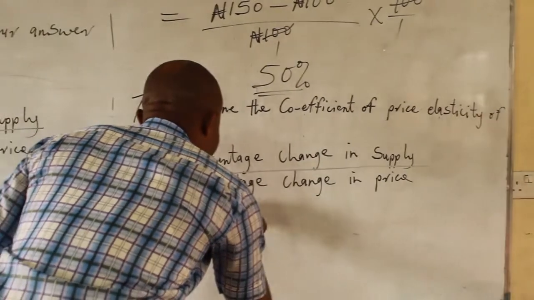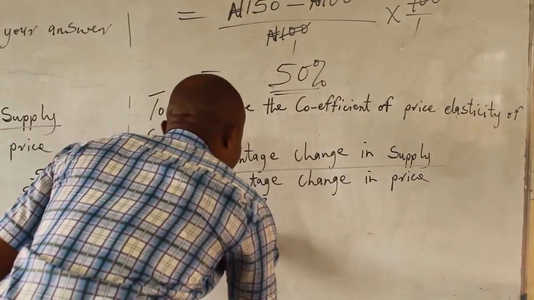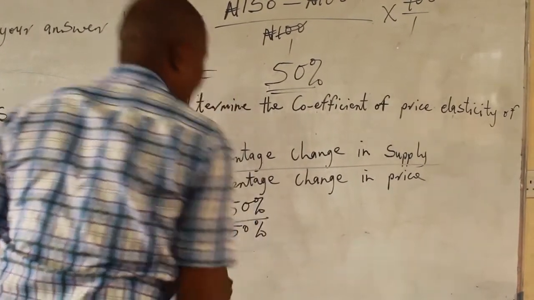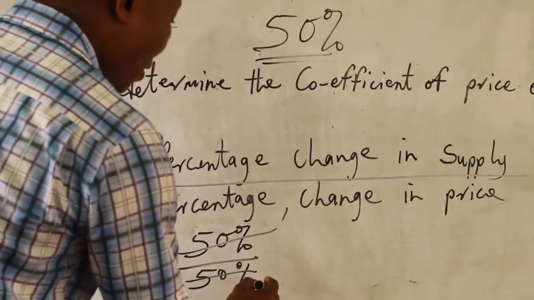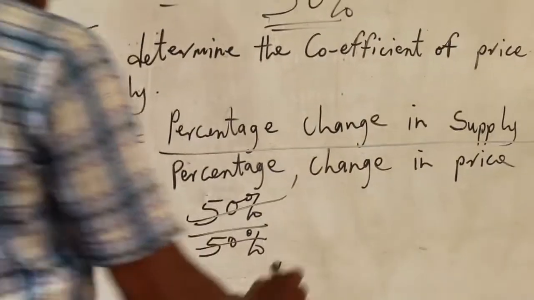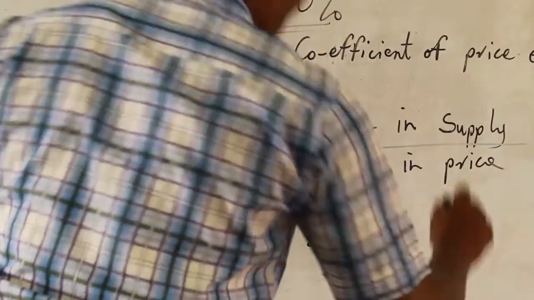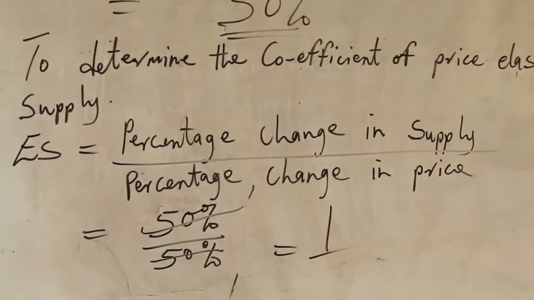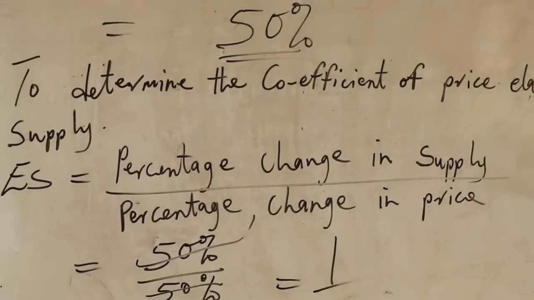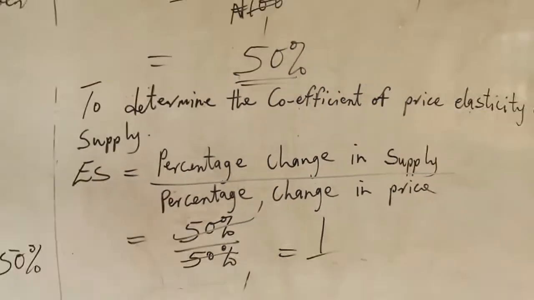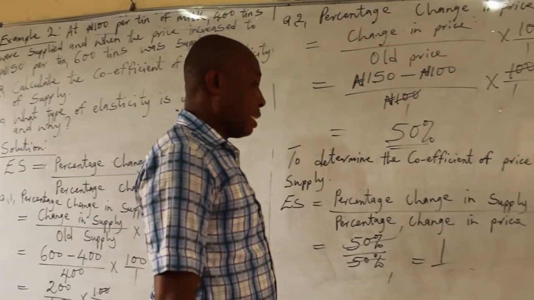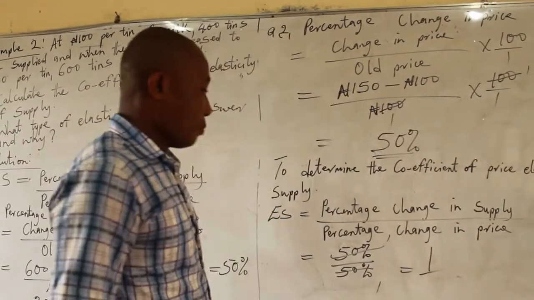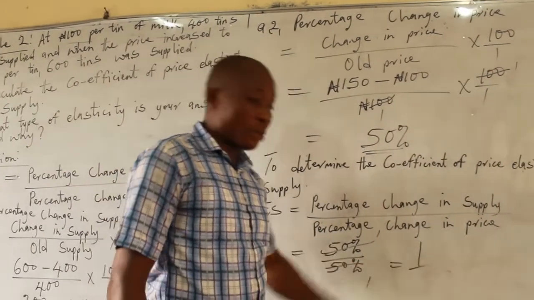We have 50% all over 50%. All of this will give us 1, and all of this will give us 1. And what we have here is just 1. By this, we have succeeded in calculating the coefficient of price elasticity of supply, and what we have here is 1.